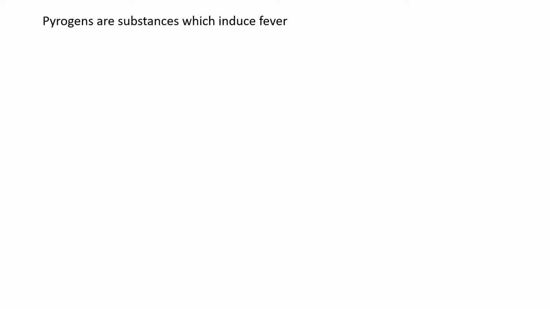So how do we stimulate fever? Well, fever is stimulated by chemicals that are categorized as pyrogens, not pyogens. They stimulate pus. Pyrogens, pyro as in heat.